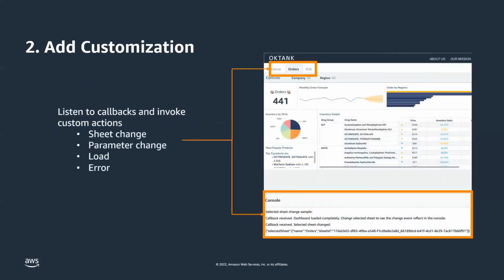You can also listen to callbacks and invoke custom actions too, right? Like when you have a sheet change, a parameter change, what happens when you load something, what happens when an error occurs. You can interact with all those callbacks, right? And we did launch our SDK 2.0, and we will be looking at SDK 2.0 in the upcoming slide, which gives you much more flexibility in working with the UI.